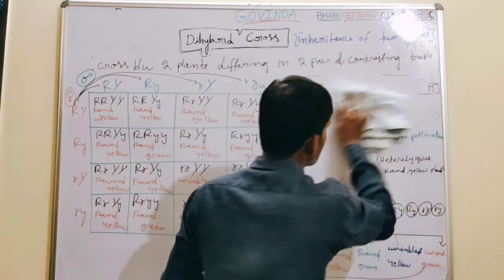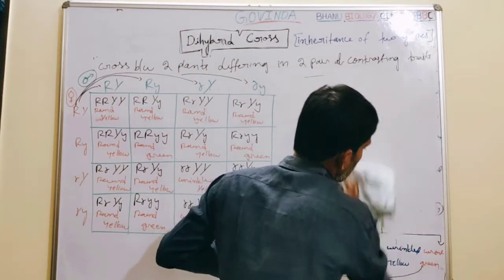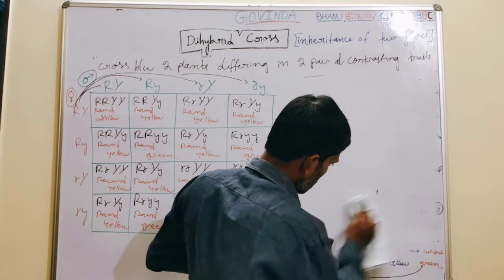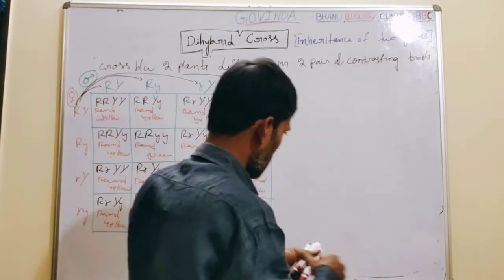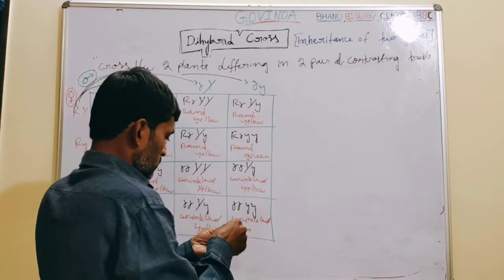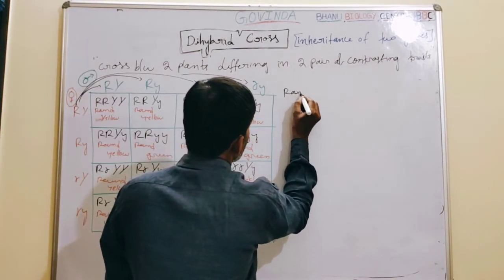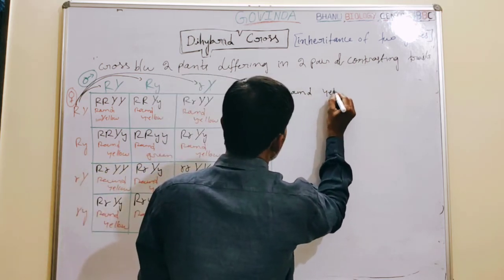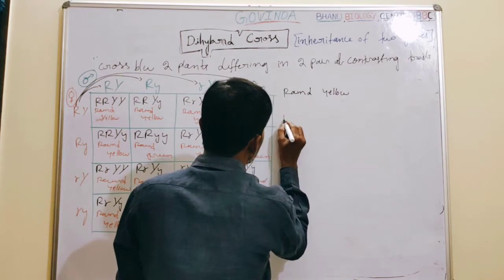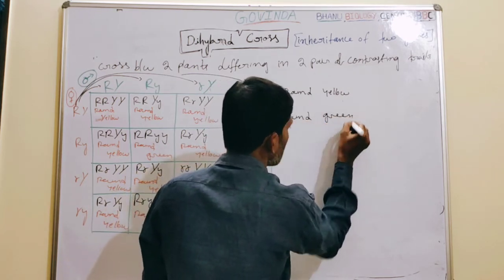So I erase this portion. Right. The first combination, round yellow. Second combination, round green.